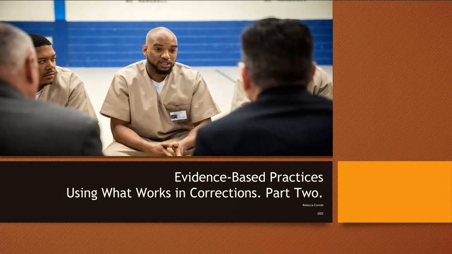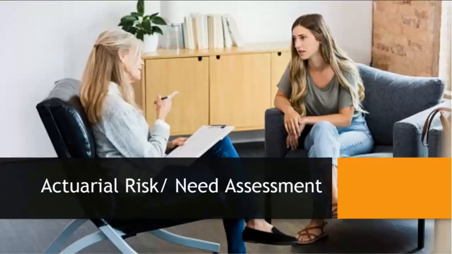Now, for part 2, we're going to be talking about risk needs assessments as well as the R&R model. We're first going to talk about actuarial risk and needs assessments. This is part of the classification process.